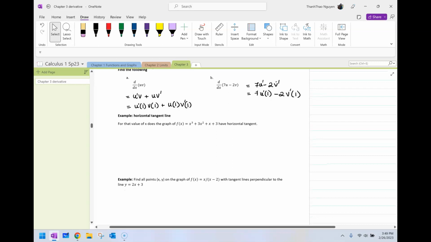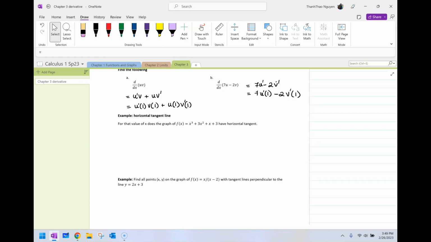For what value of x does the graph of f of x equals x to the third plus 3x squared plus x plus 3 have a horizontal tangent? A horizontal tangent line means, at what value of x does f prime of x equal 0?